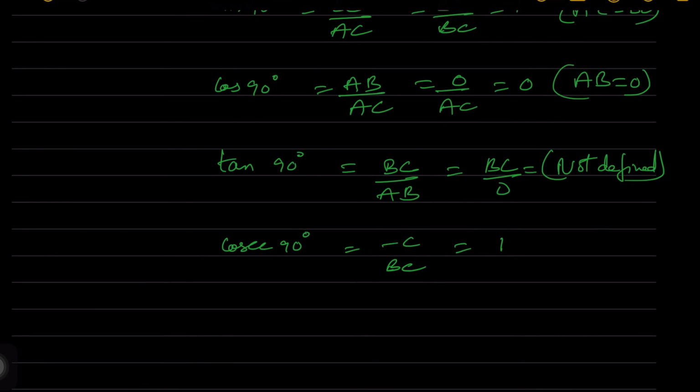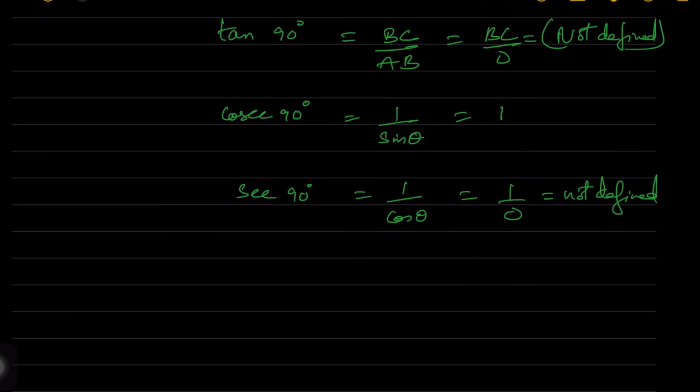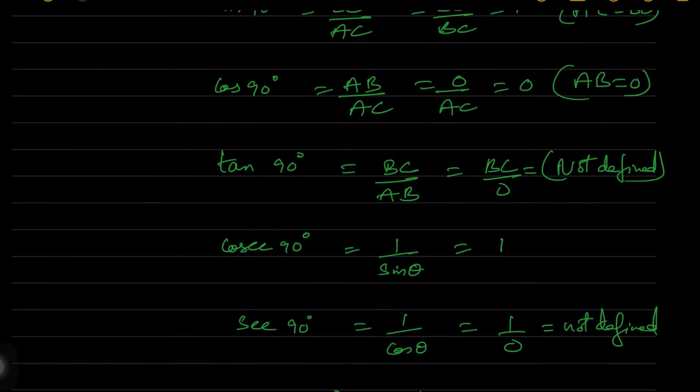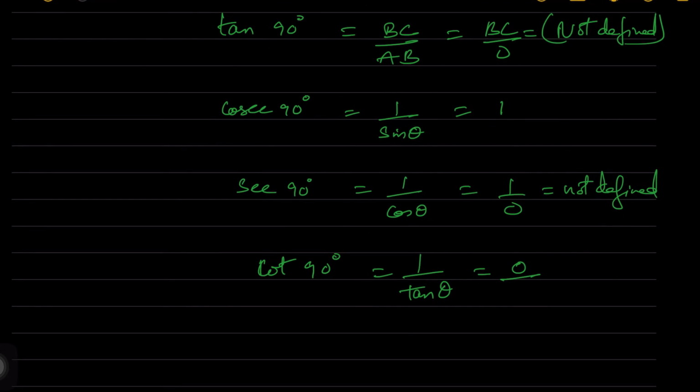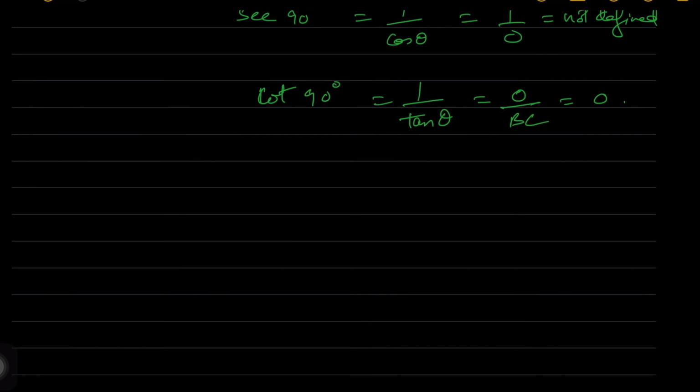Now here, we are writing cosecant 90, secant 90, and cot 90. The reciprocal of sine is cosecant, the reciprocal of cos is secant, and the reciprocal of tan is cot. Therefore, cot 90 we got as 0. Now we will see what are trigonometric identities.